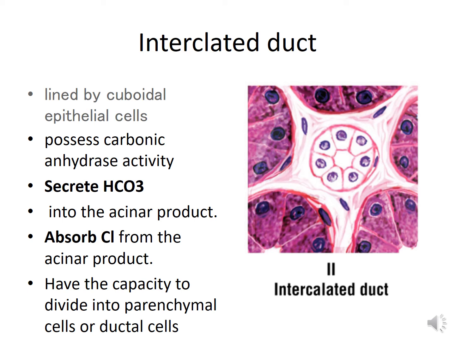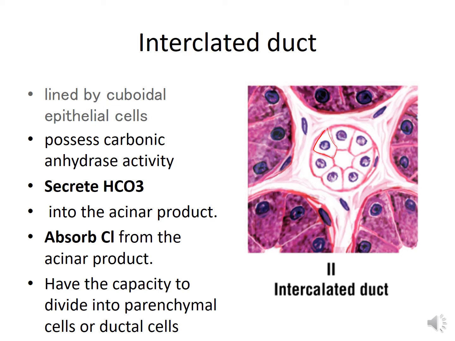So they have the functions of absorption and secretion. These intercalated ducts are lined by cuboidal epithelial cells, as you can see here, and these cells are stained lightly, and they possess carbonic anhydrase activity, that is, they secrete bicarbonate ions into the salivary secretions.